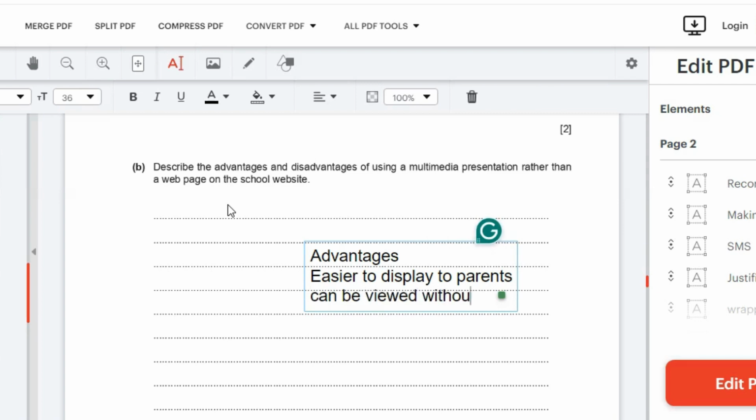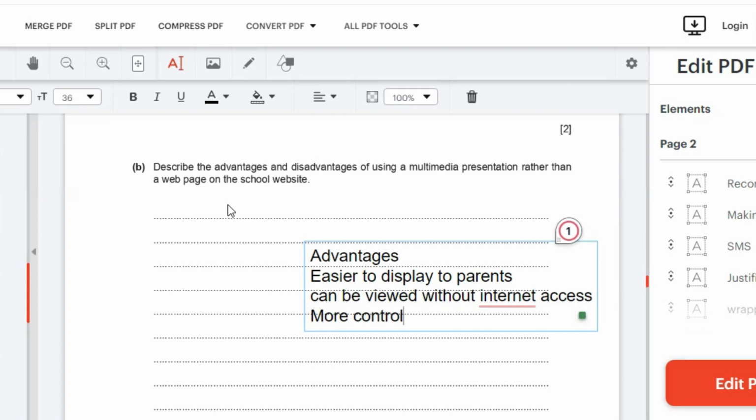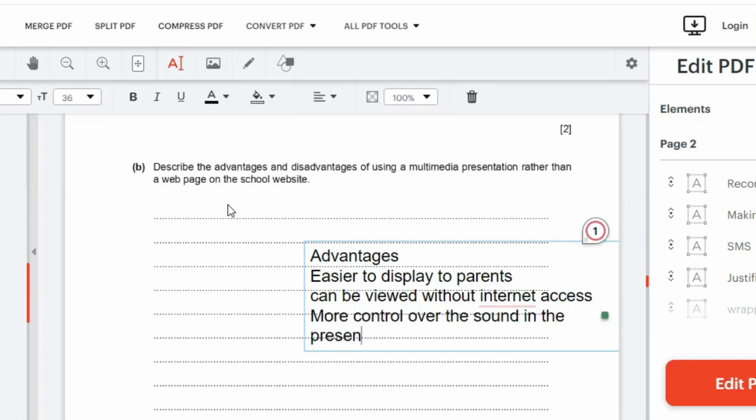Another one is more control over the sound in the presentation as using own equipment.